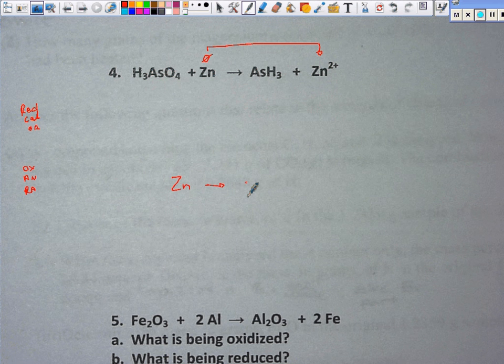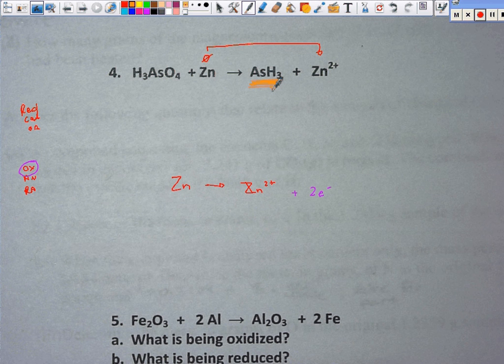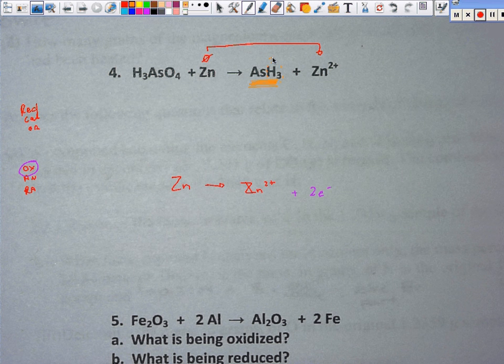Now, this is the one where it gets to be a little pain in the butt. So now, please look at your exceptions. In this case, hydrogen is going to be a positive 1. Set this equal to 0. Let me double check this.